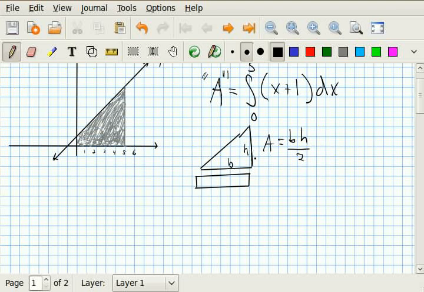So base times height over 2. That's from geometry. Well, what is the base and height of this triangle? Now you have to be careful here because the triangle only goes down to this portion. So the base is the distance from right here on the y-axis all the way to the right. And of course you can count that. That's 5 units. So I'll take 5 times the height over 2.